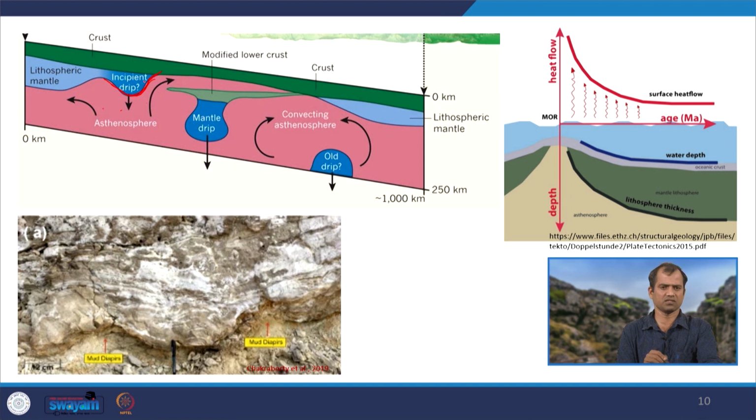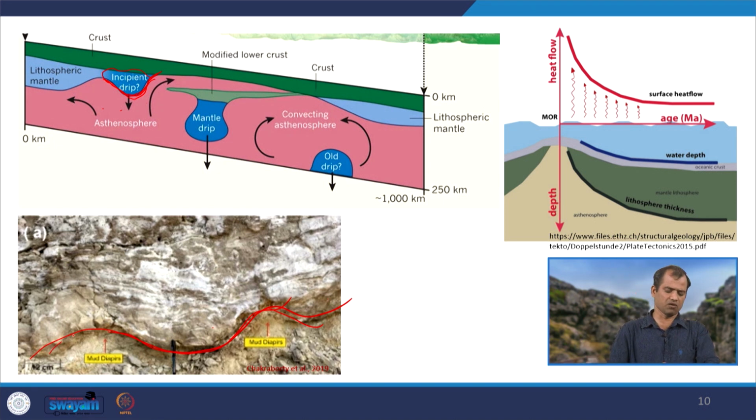Once it thickens, its density increases, and due to this high density, it is just pushing inside the asthenospheric system. A similar effect you can see here in the sedimentary sequence, where we have mud and sand. The sands are just going down, forming thin sedimentary deformation structures.